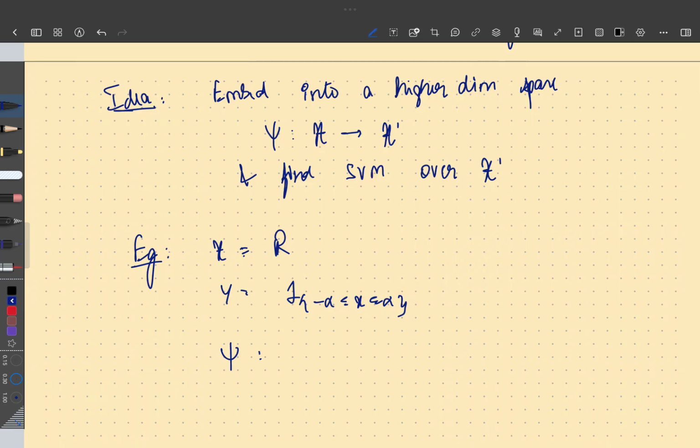Now in this case, if I take the map from R to R2 defined as psi of x equal to x comma x square, right?